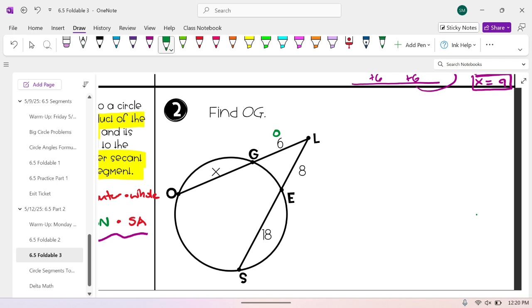So this is my outer, which means it's also 6. Which one's my inner for OL? OG. So OG is my inner, or let's call it I. Now, my whole is the entirety of OL. How can I find my whole? What will my whole be equal to?